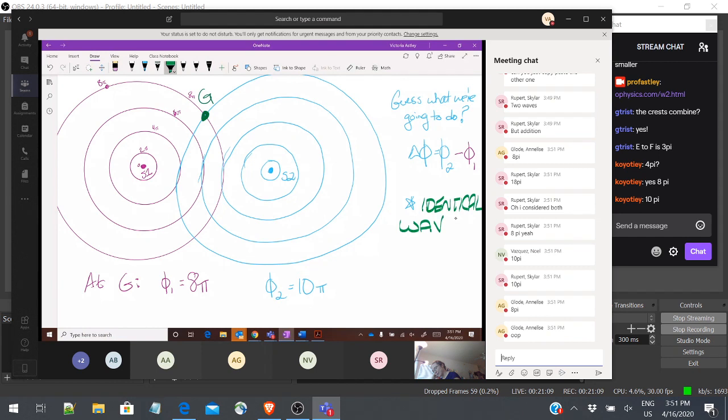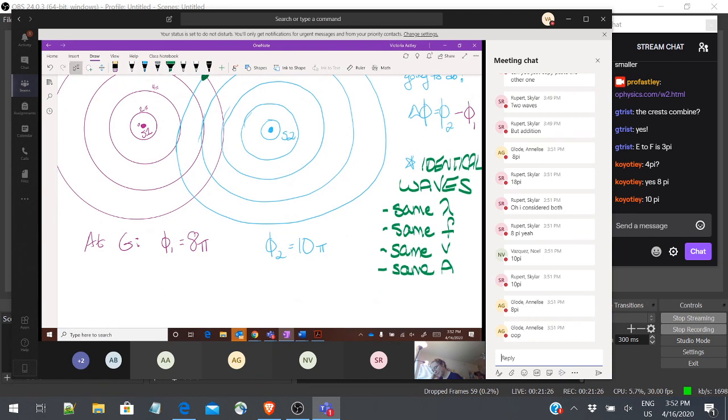They don't look identical, but pretend they are identical waves, which means they have the same lambda, the same f, same v, same amplitude. They can have different initial phases. Phi naught does not have to be the same.